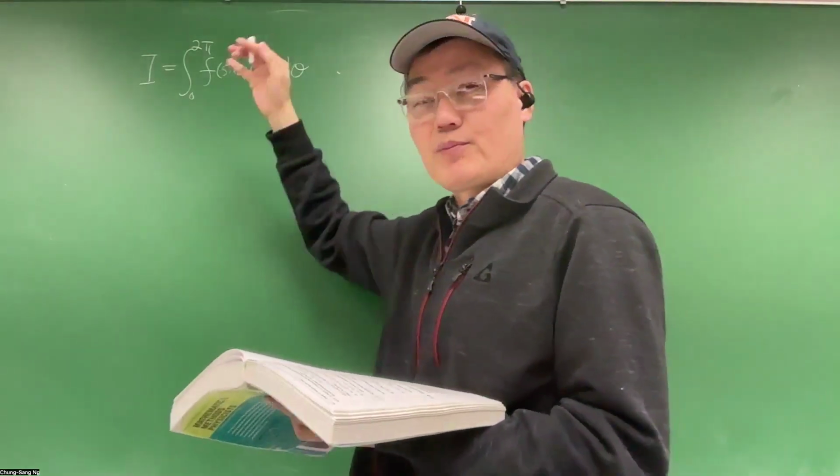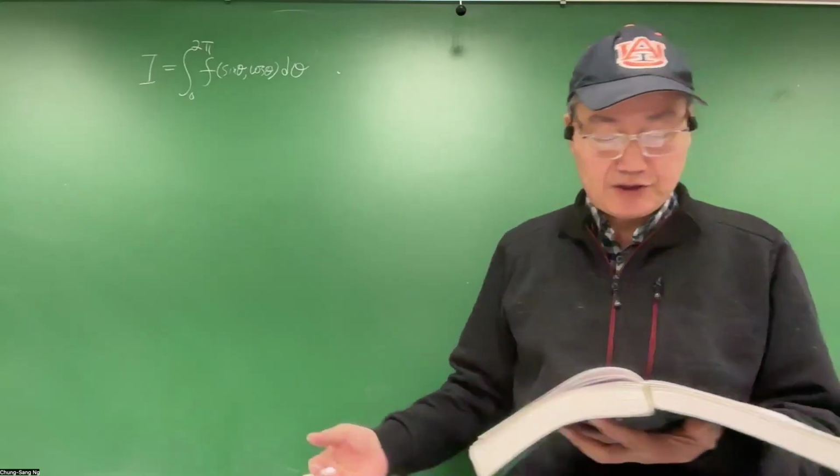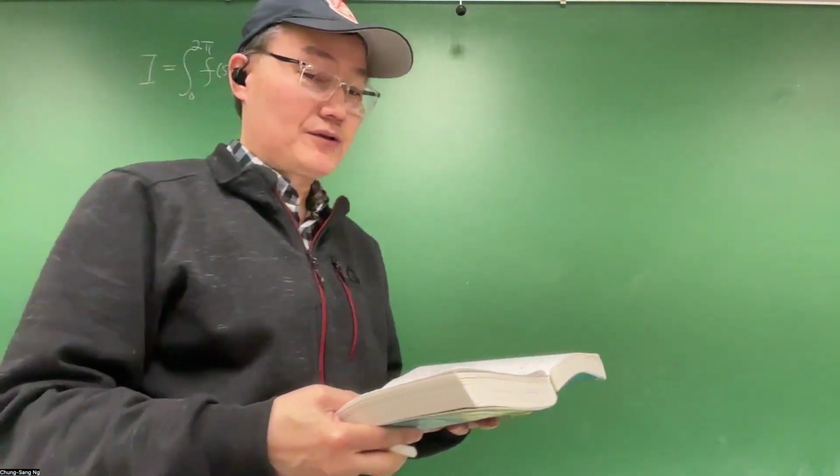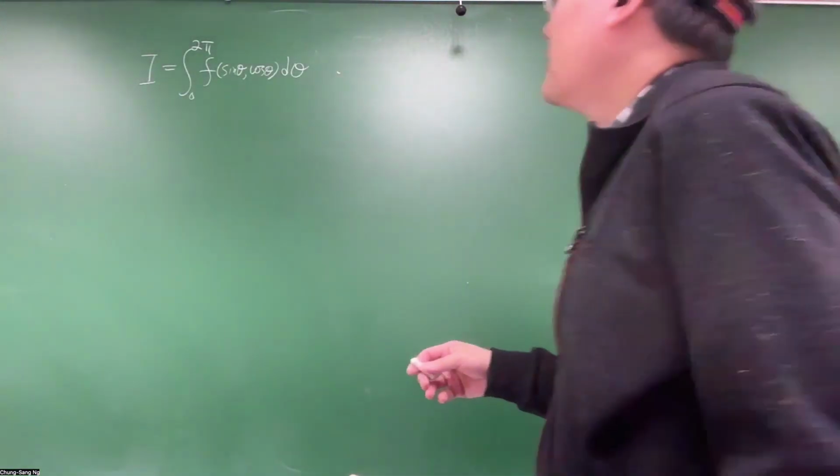Obviously, if it is not in 2 pi, then if it's periodic, you just normalize it to this form, and then you can use whatever the formula is.